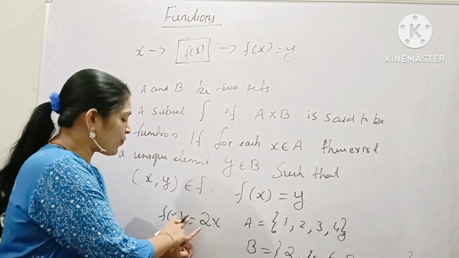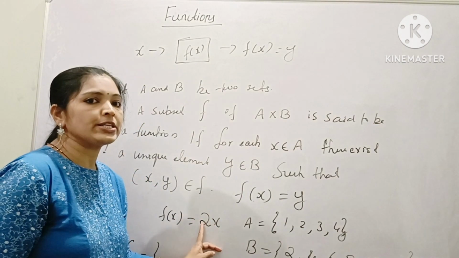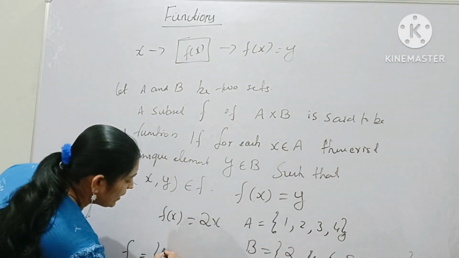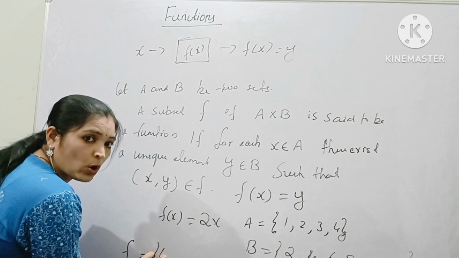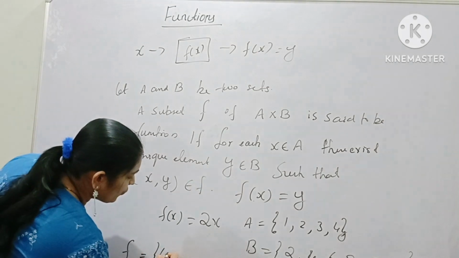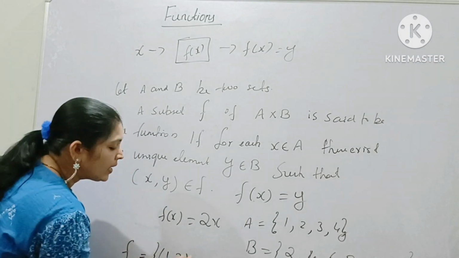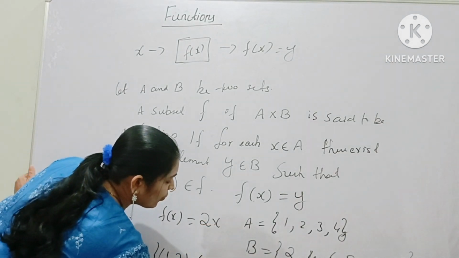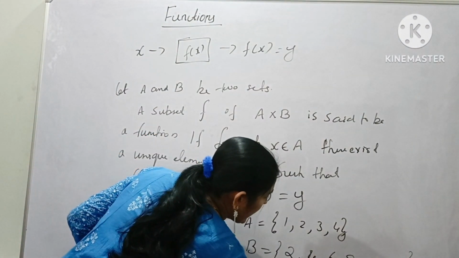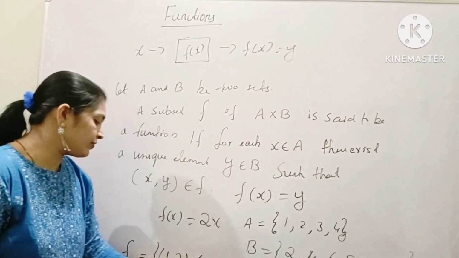When we put x equal to 1, we get f of x equal to 2. When we put x equal to 2, we get f of x equal to 4. So the elements are (1, 2), (2, 4), (3, 6), (4, 8). That's all. These are the elements of this function.